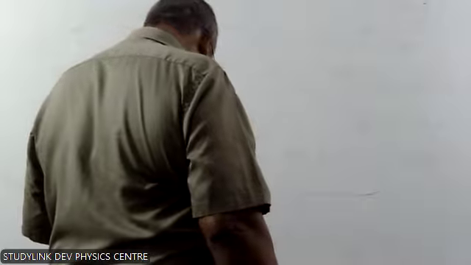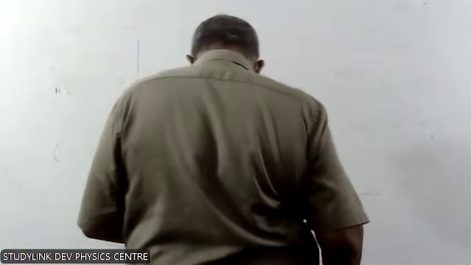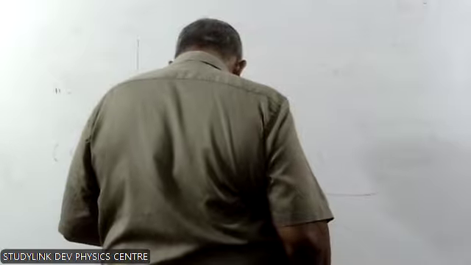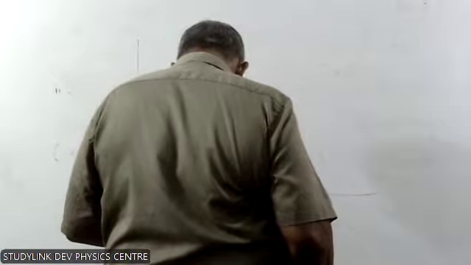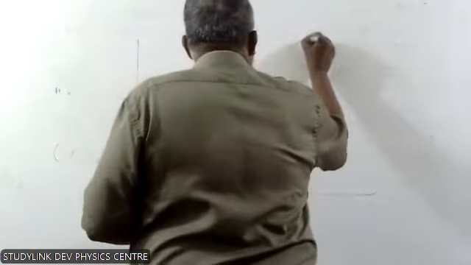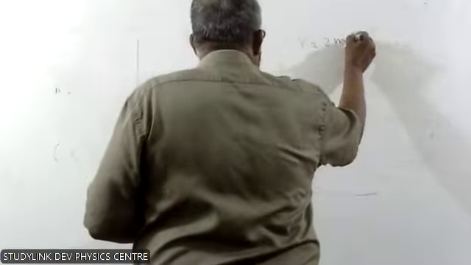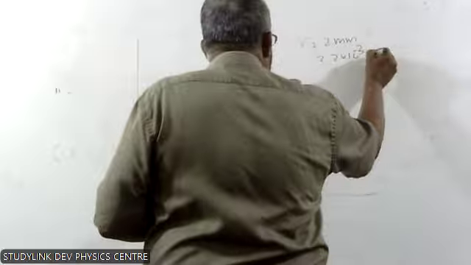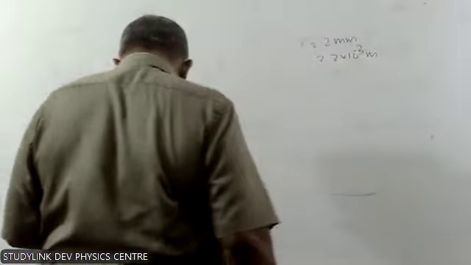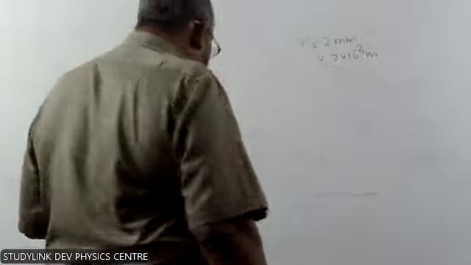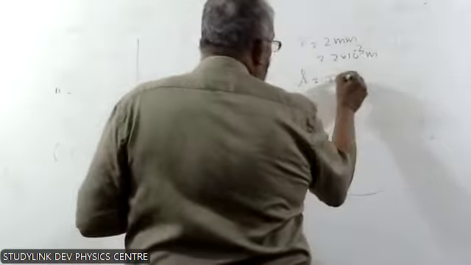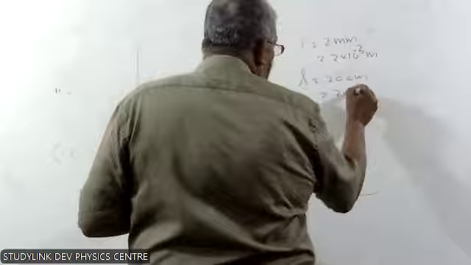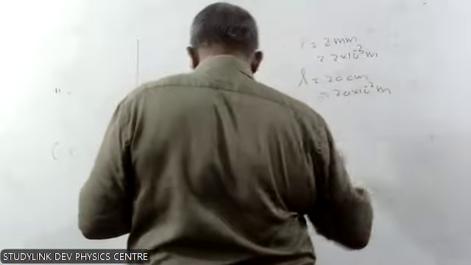Average rate of blood flow through a horizontally situated artery of uniform cross-section, radius R is equal to 2 millimeters. So converting to meters like that. Then the length L is 20 cm, then 20 into 10 to the power minus 2 meters.